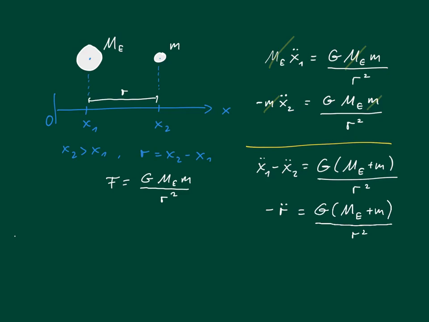And finally we arrived at the differential equation, which we can use now to precisely calculate how mass m is falling towards mass M_E, or vice versa. So the next step is to solve this differential equation.